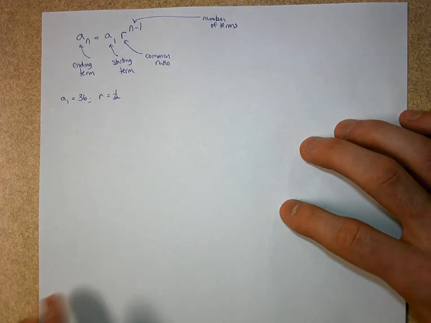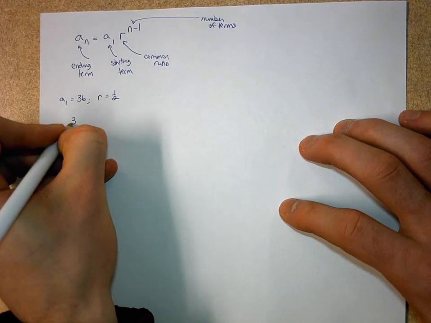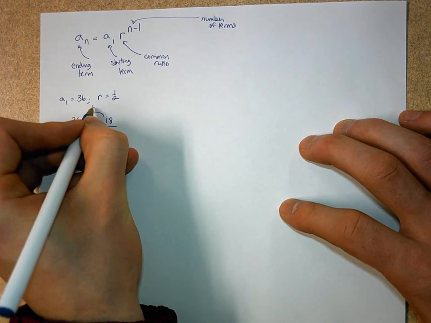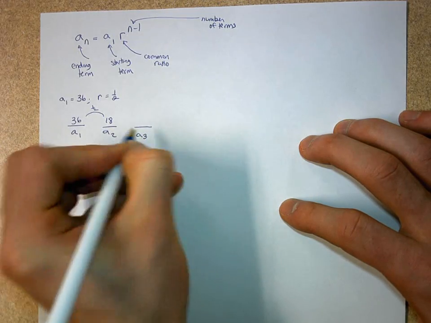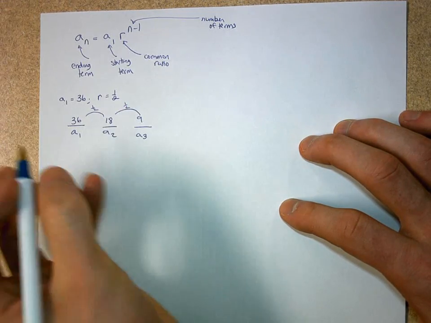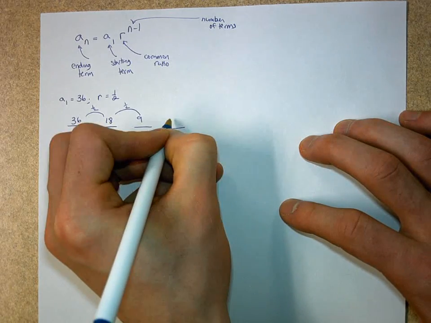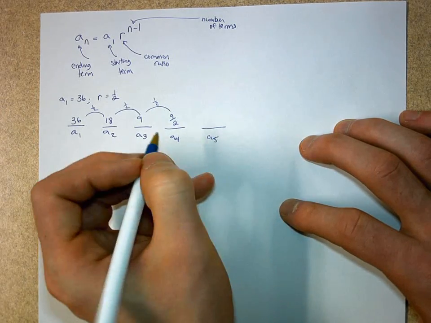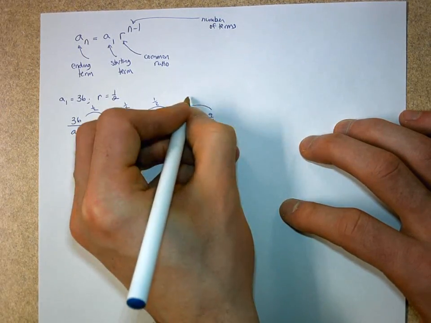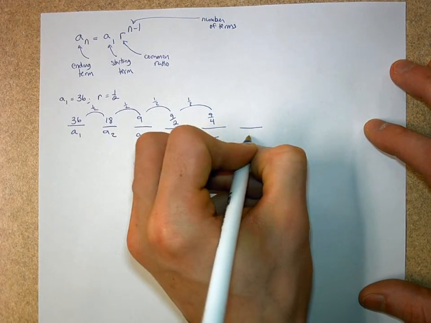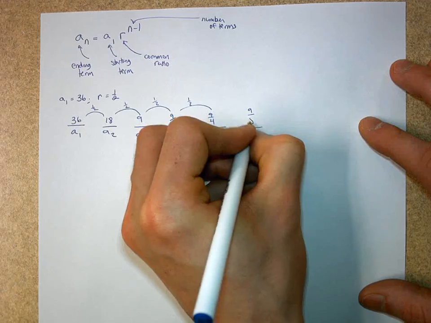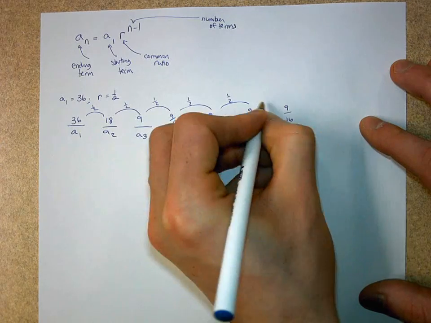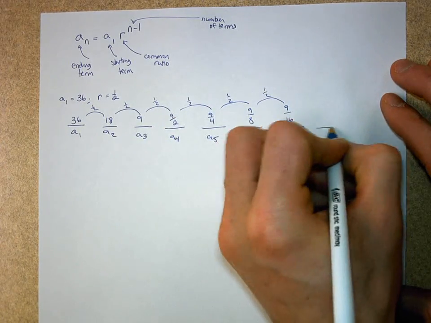That means for every single term of the sequence, a sub 1 is going to be 36. a sub 2 would then be 18, because I multiply by 1/2. a sub 3 is 9, which is multiplied by 1/2. a sub 4 would then be 9/2, once again being multiplied by 1/2. a sub 5, 9/4, once again being multiplied by 1/2. a sub 6, 9/8. a sub 7, 9/16, being multiplied by 1/2 again.